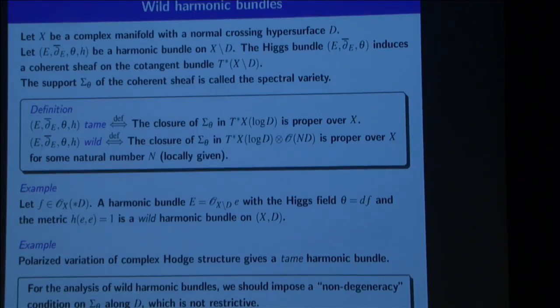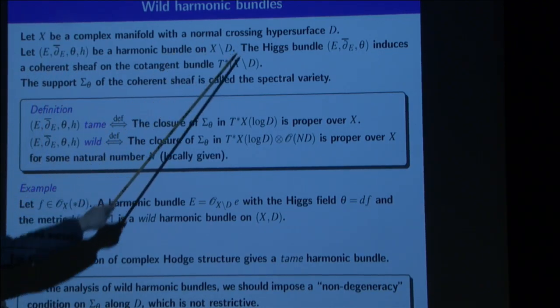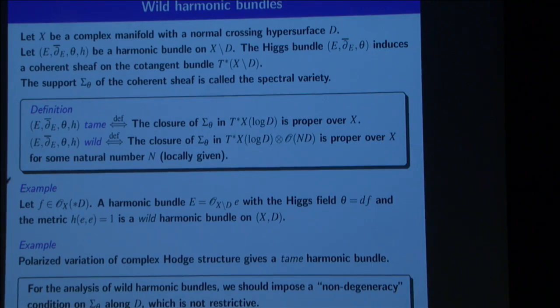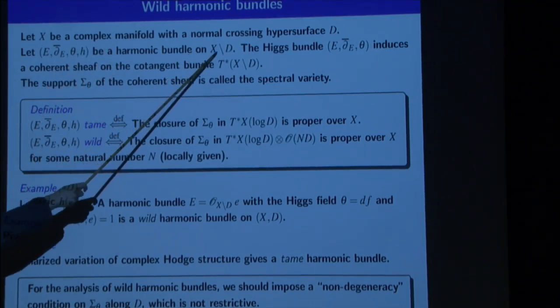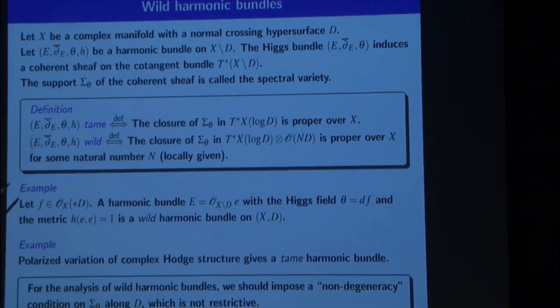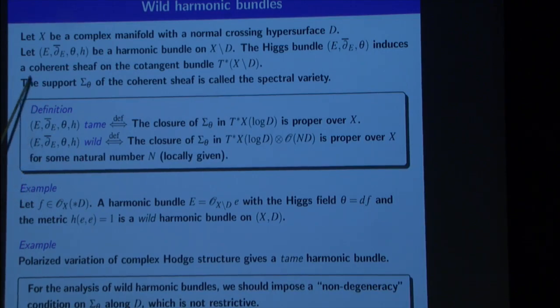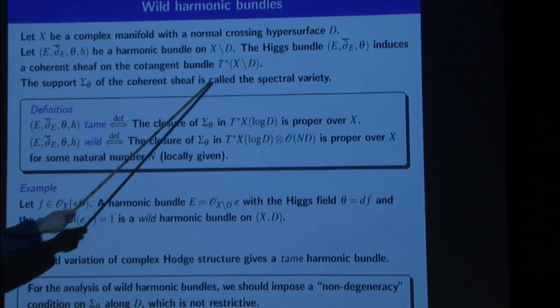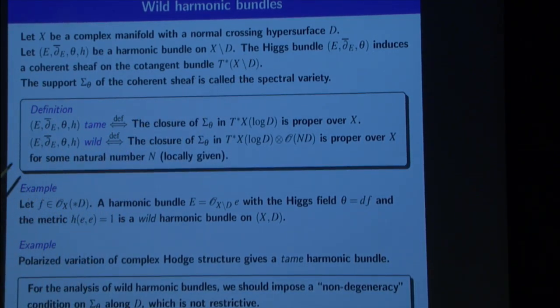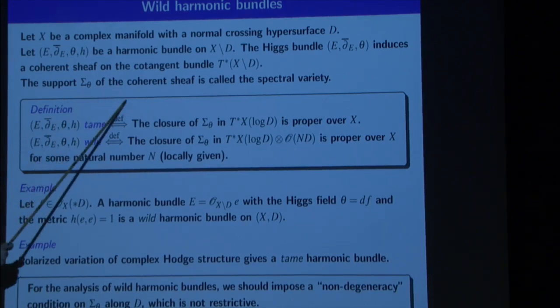So let me explain wild harmonic bundles. We consider a complex manifold equipped with a normal crossing hypersurface, and we consider a harmonic bundle given on the complement of D, the hypersurface. Then the Higgs bundle naturally induces a coherent sheaf on the cotangent bundle of X minus D, and the support is called the support of the coherent sheaf.